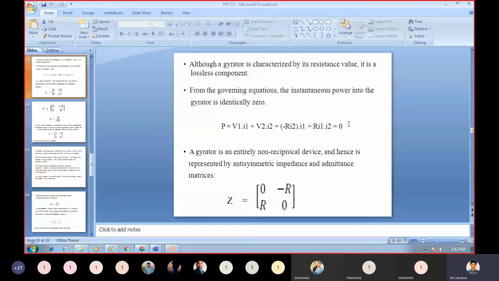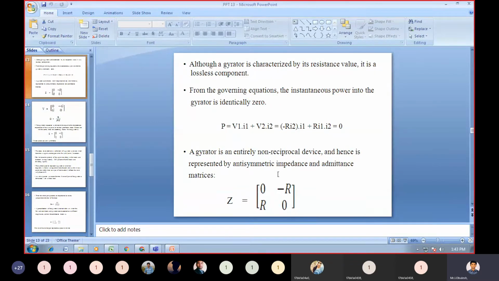A gyrator is an entirely non-reciprocal device, and hence it is represented by anti-symmetric impedance and admittance matrices.